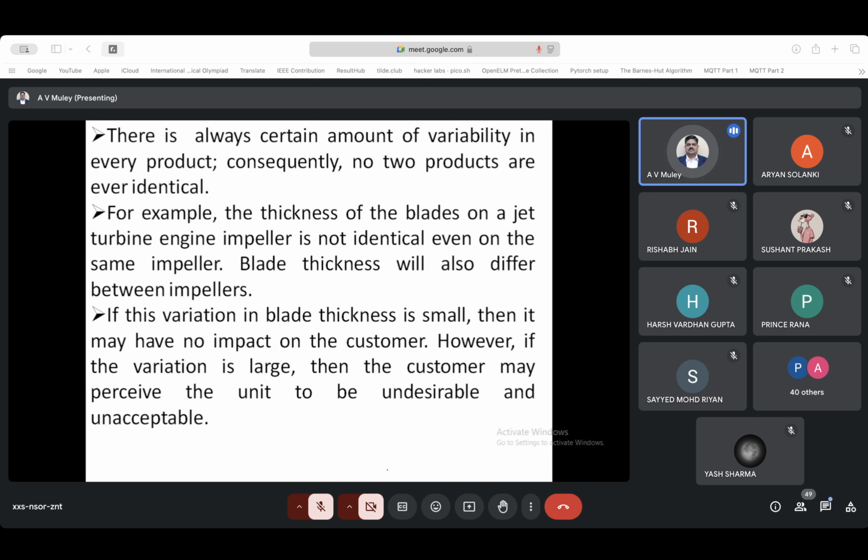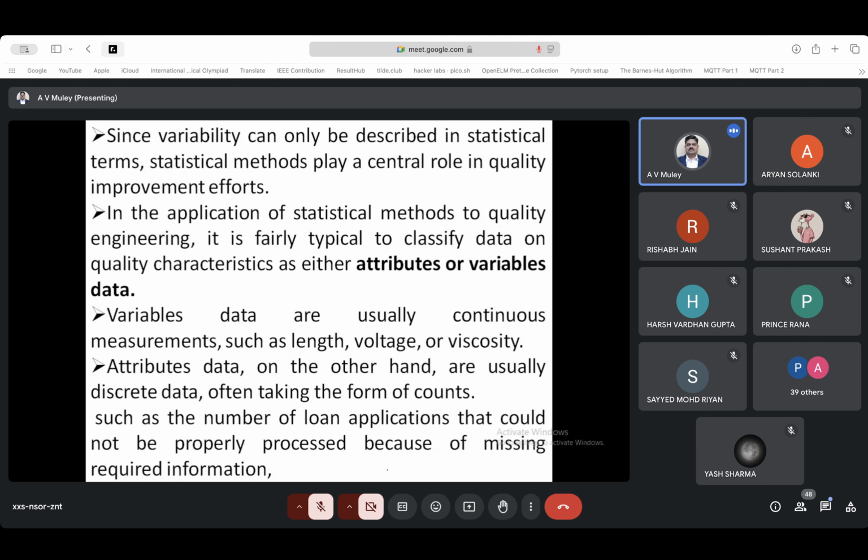For that purpose, you have seen snap gauges or, for example, plug gauges, for simply confirming whether the product which is manufactured falls within the limit or not. Since variability can only be described in statistical terms, statistical methods play a central role in quality improvement effort.